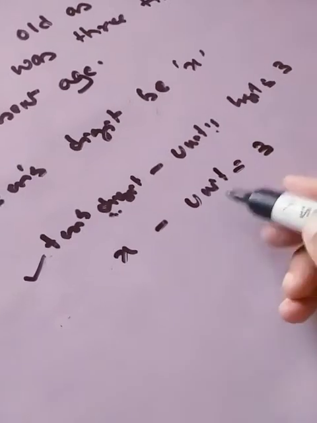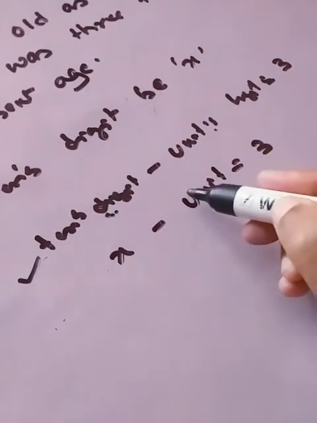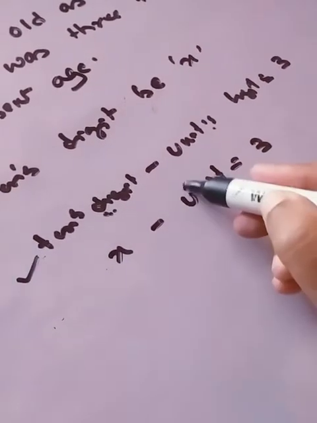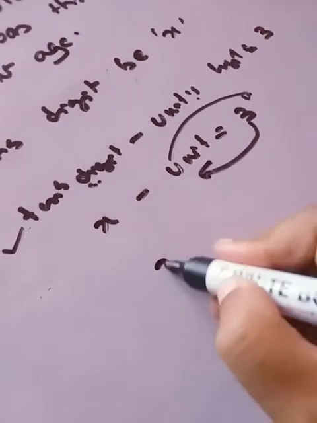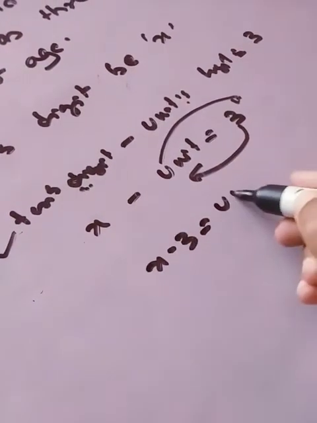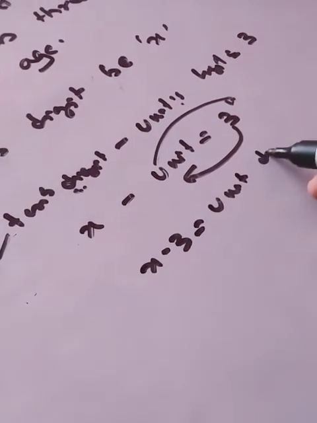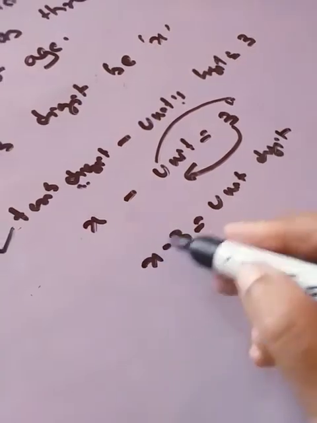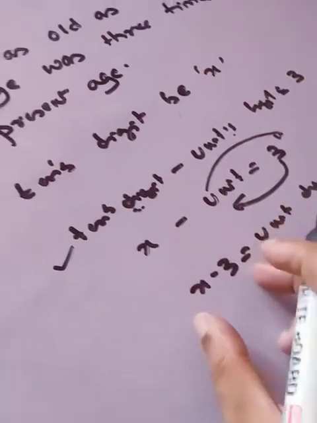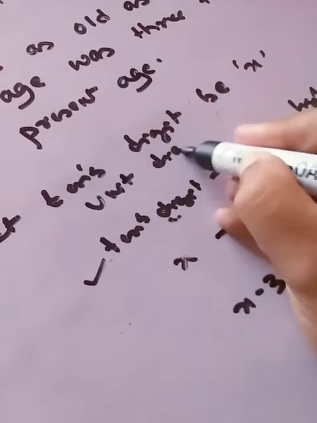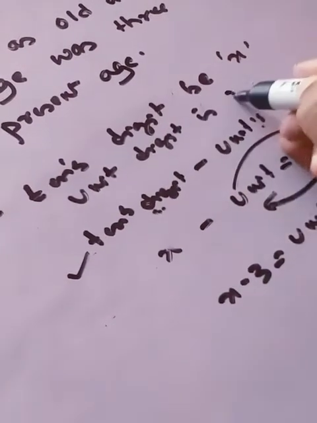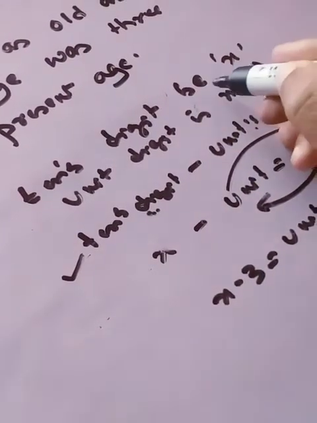Now what will be the unit digit? If I transpose the unit digit to this side and bring the 3 to the other side, it will look like x minus 3 equals the unit digit. So the unit digit is x minus 3.